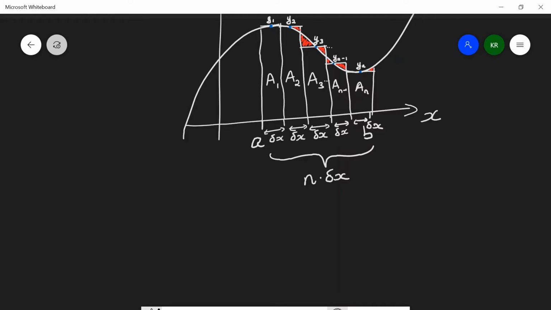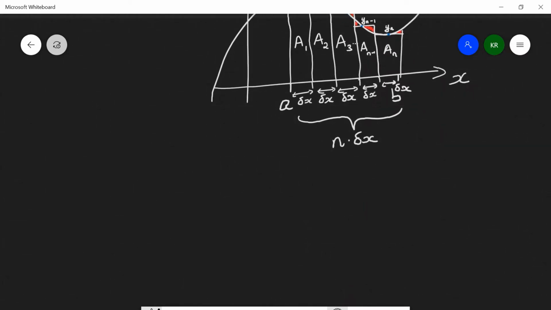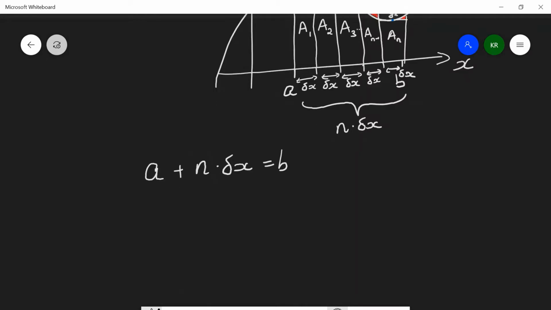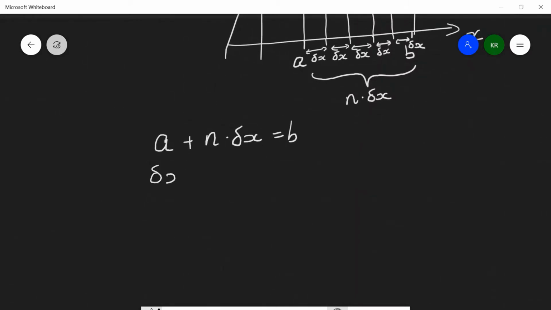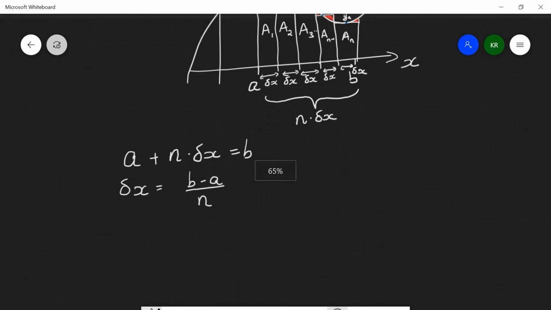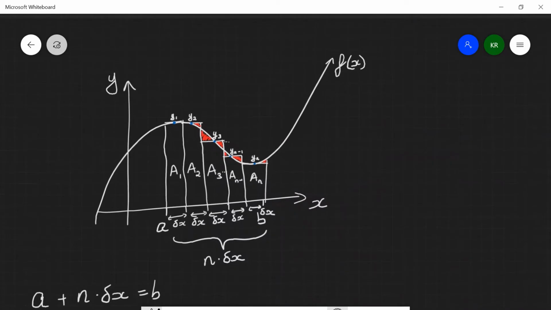So that whole length is n delta x. So if we take a and add that width, n delta x, it's going to give us b, right? A plus this width gives you b. So just rearranging that, delta x equals b minus a over n. That's pretty important.